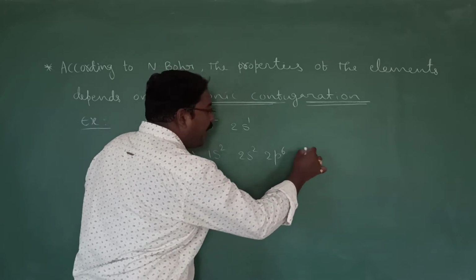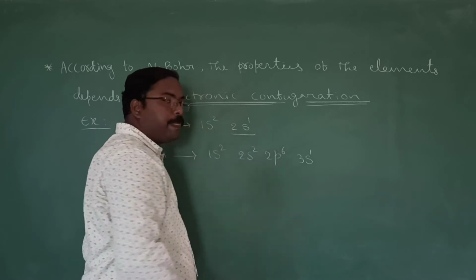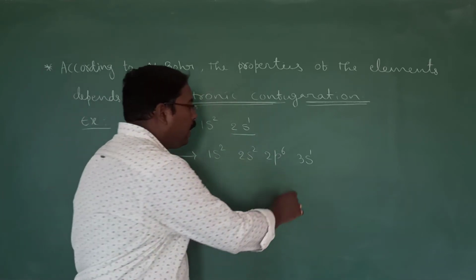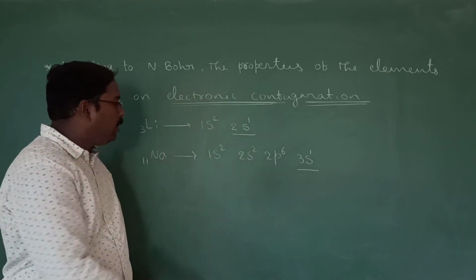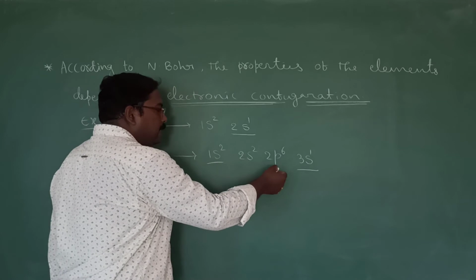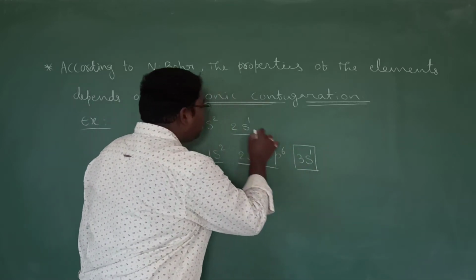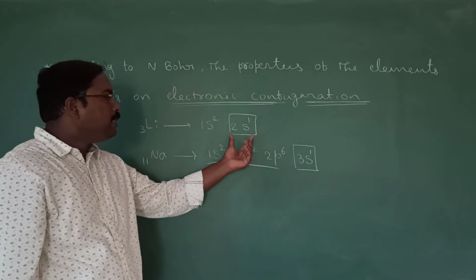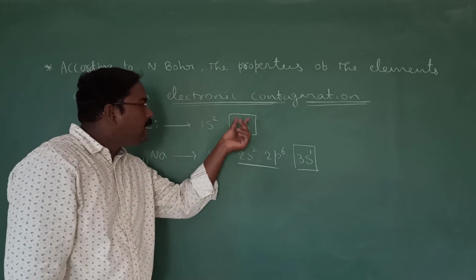And the valence shell is the last shell. In the case of lithium, the second shell is the last shell. In the case of sodium, the third shell is the last shell. This is the first orbit, this is the second orbit, and this is the third orbit. Now observe both elements. Lithium has the outermost electronic configuration as 2s1.